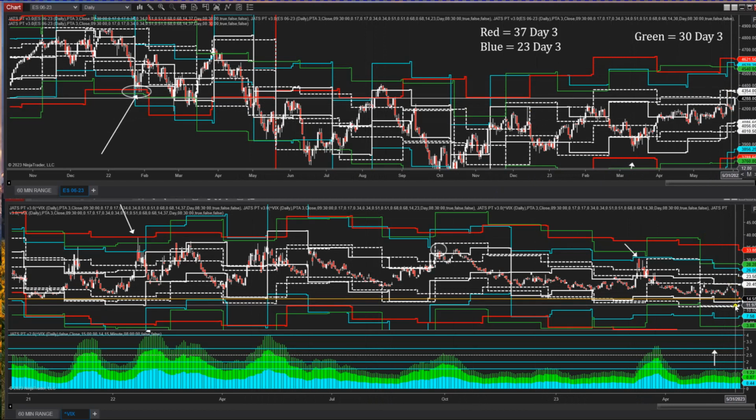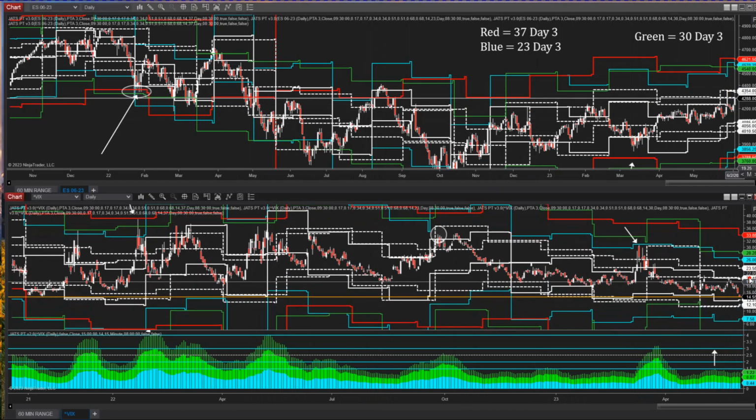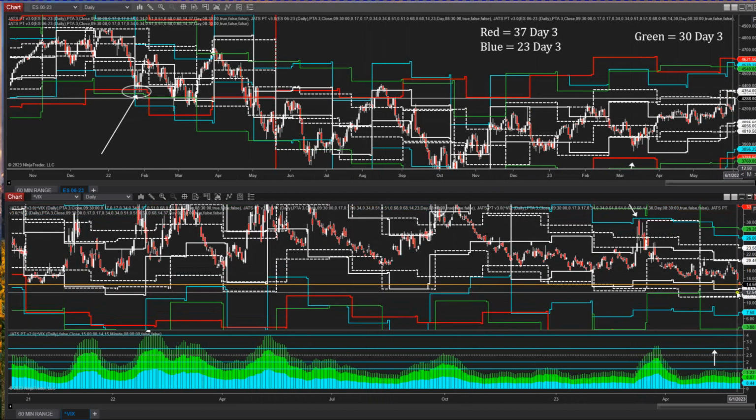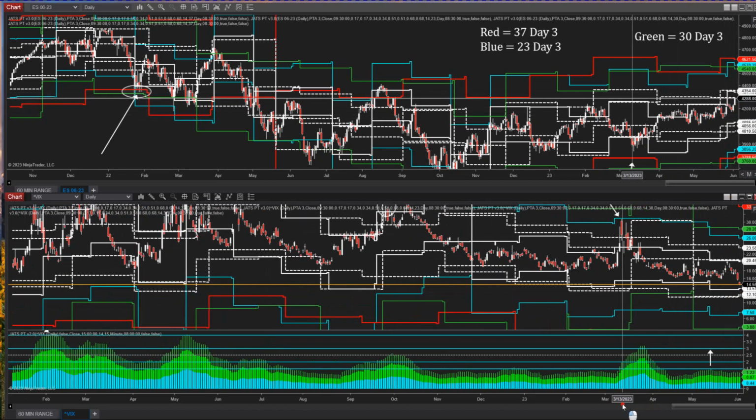So you can see down here, we're reaching the bottom of our ones also. So I would say we're very close to a volatility low. Very close. We've got maybe a point or two left, and that's it, just like it is here. And we could see a turnaround pretty soon.